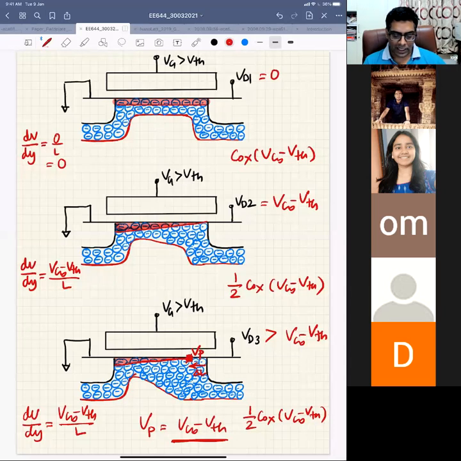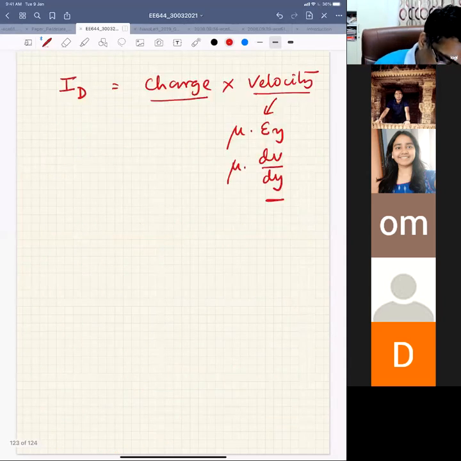And if your delta L, so this should be L minus delta L. But if your delta L is small, then you could still write it as VGS minus VTH by L. So what you're observing is that the moment your channel is pinched off, your electric field across the channel also remains the same.